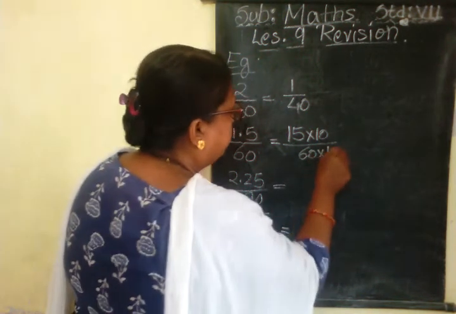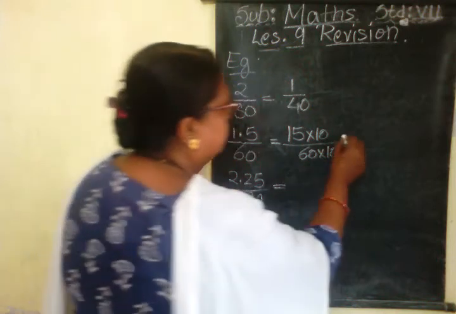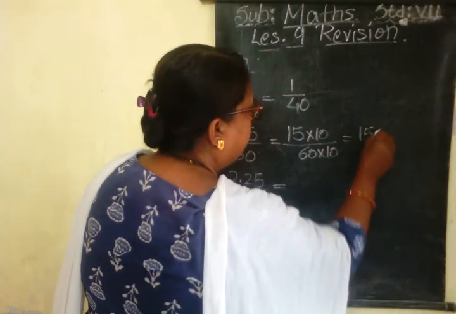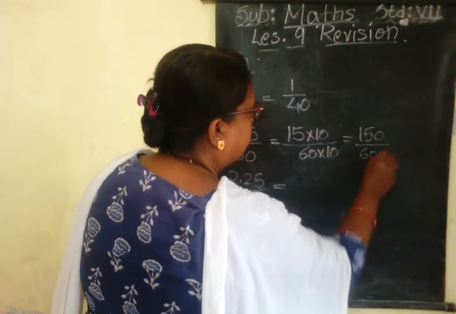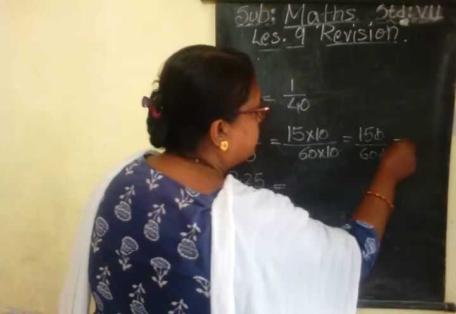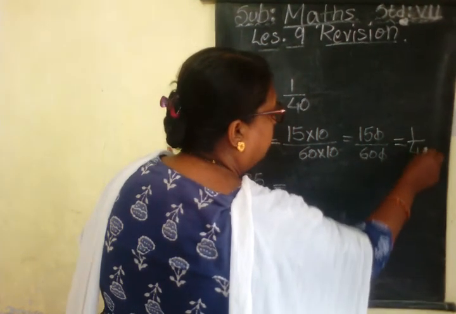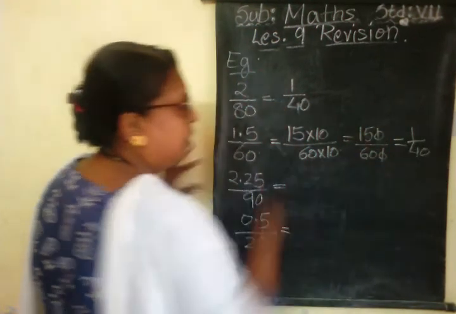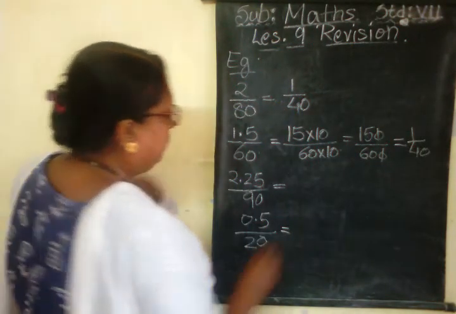Here also you have to multiply by 10. So this gives me 150 upon 600. 15 fours are 60. 0 0 gets cancelled. This gives me answer 1 upon 40.